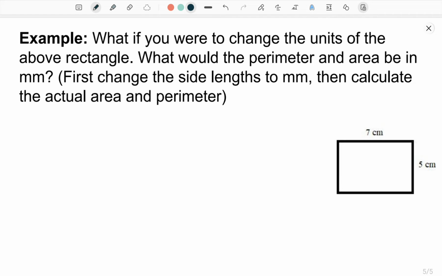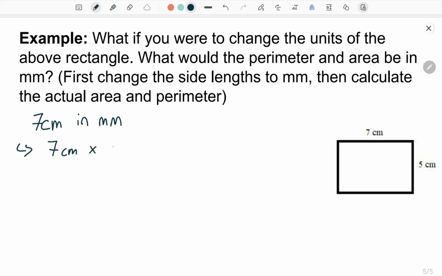What if instead we were asked to change the units of that rectangle into millimeters? Let's say, what is 7 centimeters in millimeters? How do we do that? Well, 7 centimeters is bigger than millimeters, so we're going to have to multiply that 7 by something.